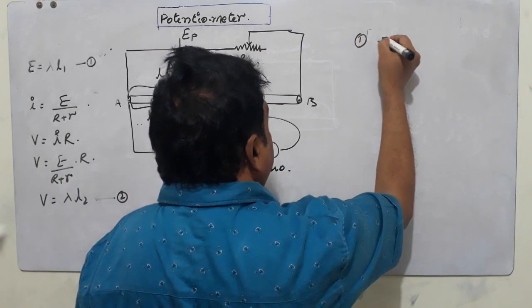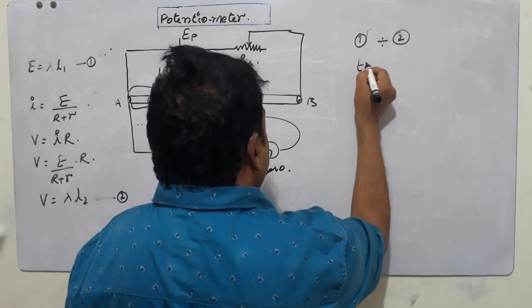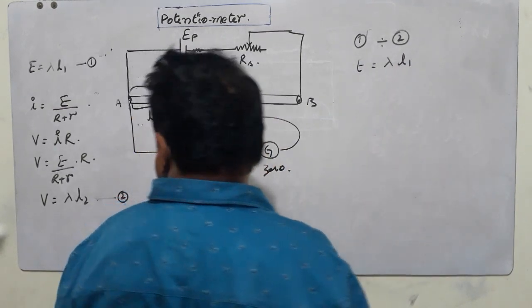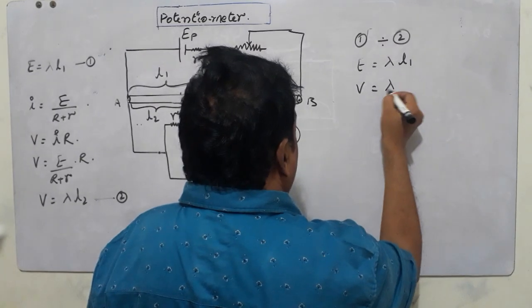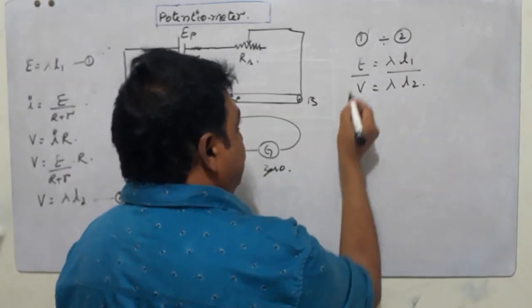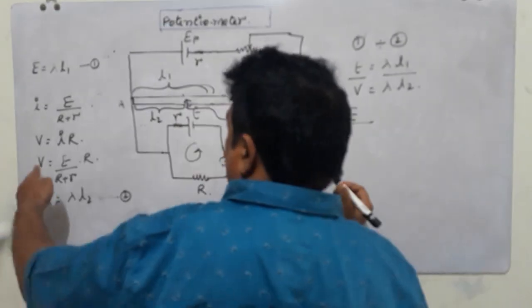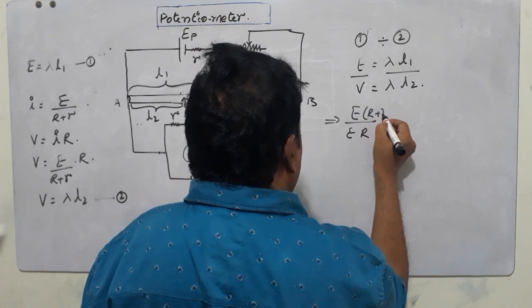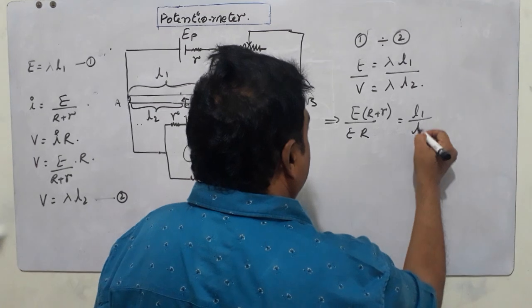Lambda will be cancelled out. That implies E by V, where V is E R by R plus r, is equal to L1 by L2.